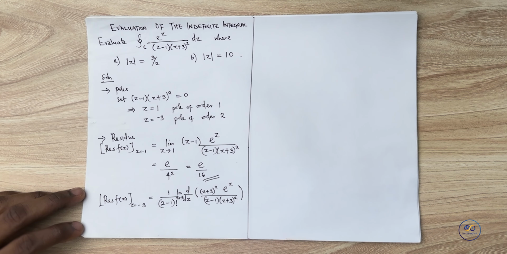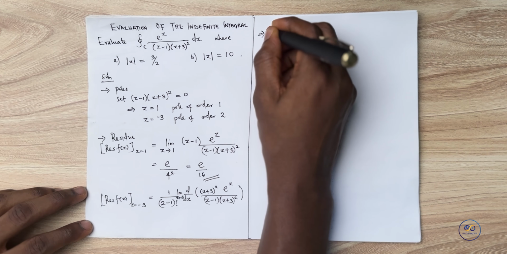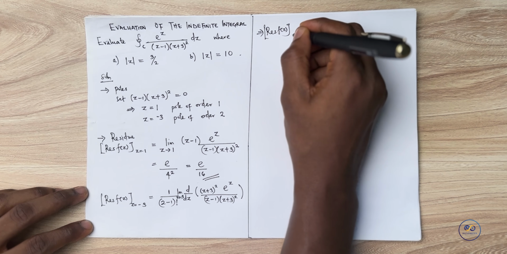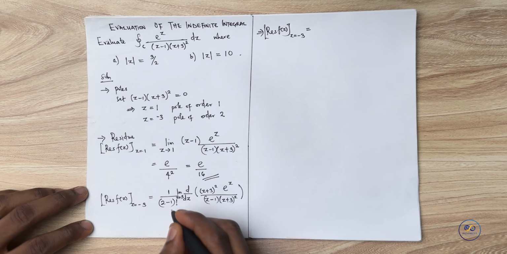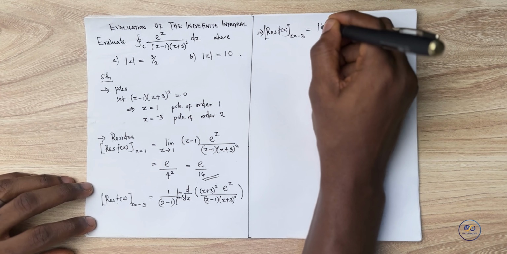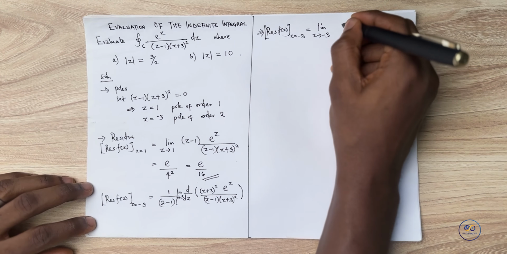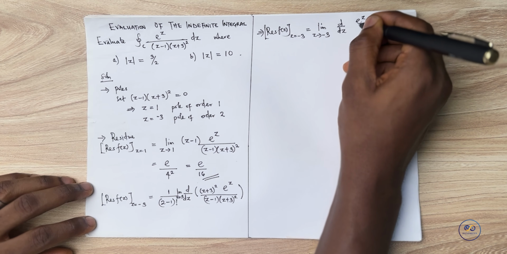Then (z plus 3) squared cancels out, and 1 divided by 1 factorial is simply 1. So we have the limit as z tends to minus 3 of the derivative of e^z divided by z minus 1.